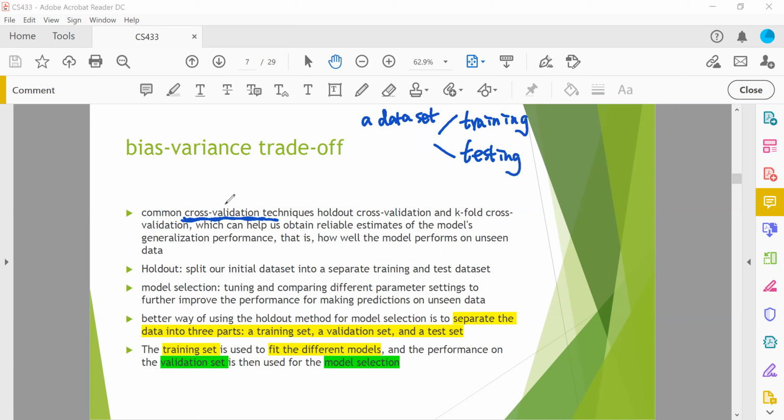And with cross-validation, for the data set, we also add validation. So basically here you subdivide into training and validation, so we have kind of three sets. As previously, we also learned k-fold cross-validation.